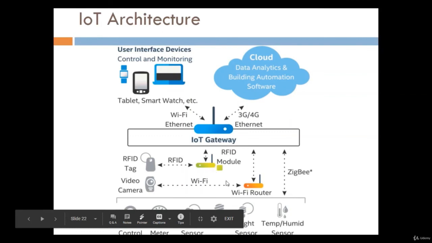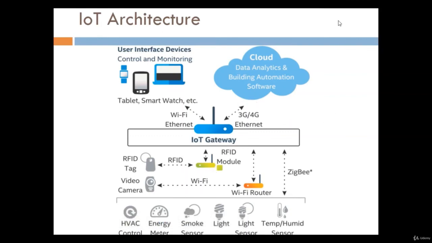Once the data is with the IoT gateway, it is transferred onto the cloud, and then data analytics can be run on that cloud, and we can observe some patterns that are coming up from these devices. And once the data is in the cloud, it can be accessed from anywhere. You need not be physically present at that place, you can be anywhere and access that data and analyze it.